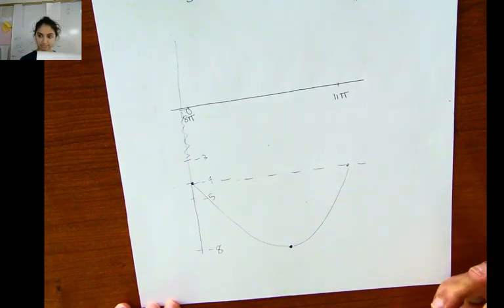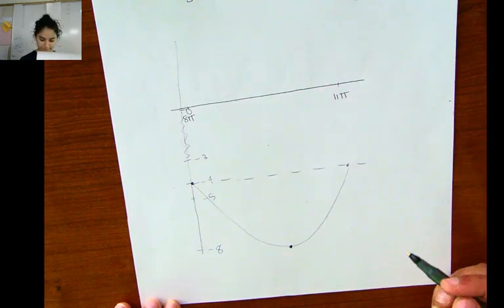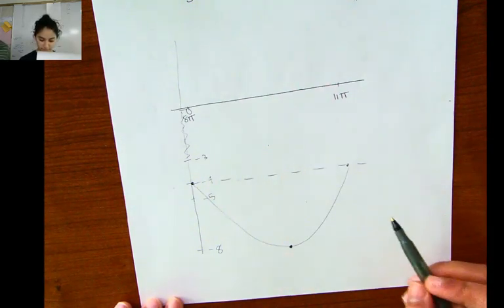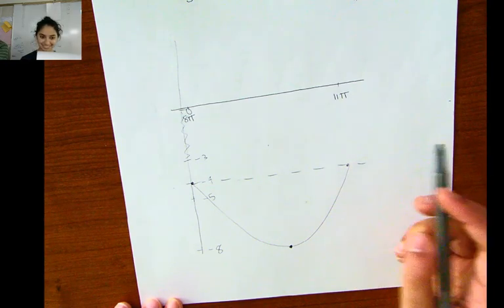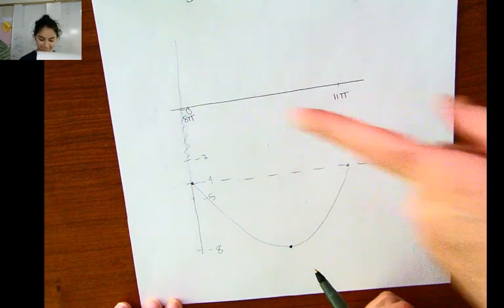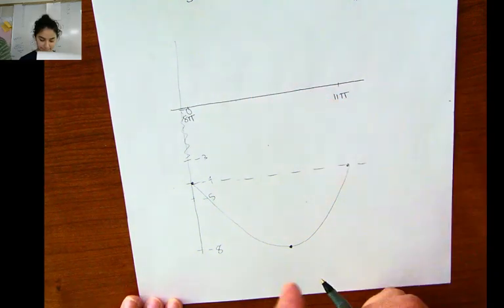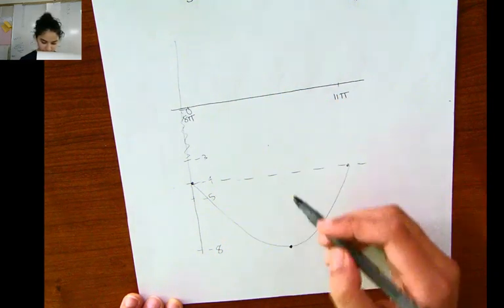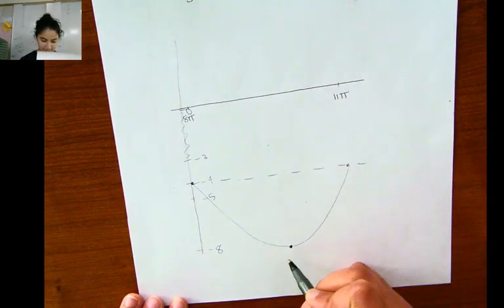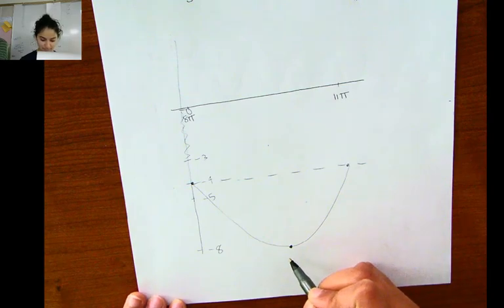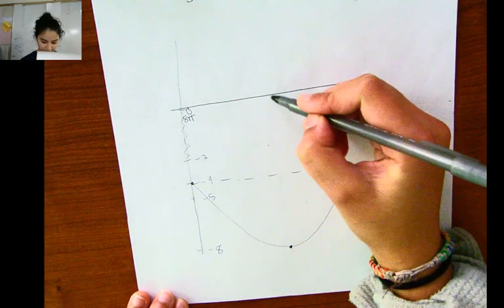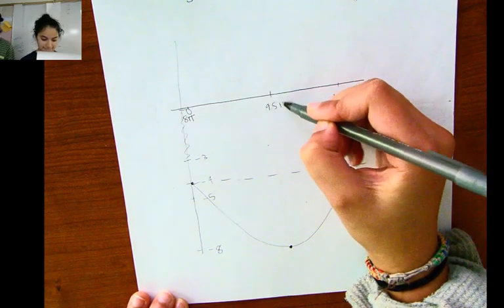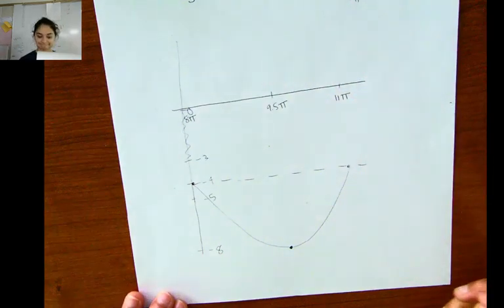And then 8 pi and 11 pi, so what would the x-coordinate be for that one? 9.5 pi. So we put that up on our x-axis, and we have a graph that has a partial domain.